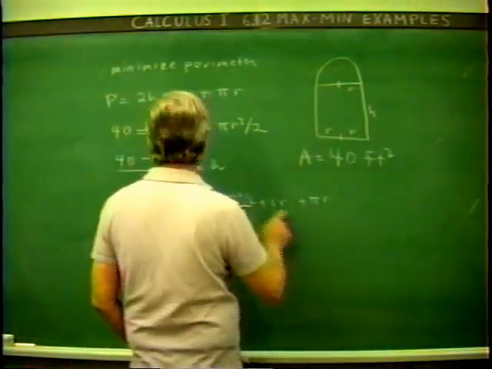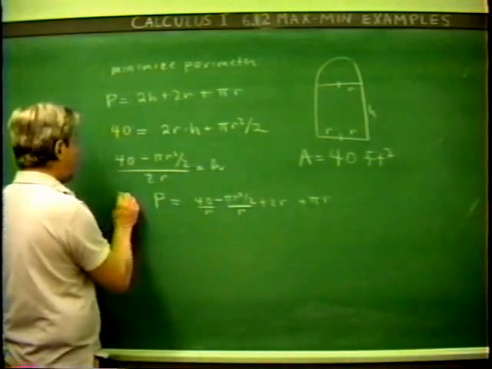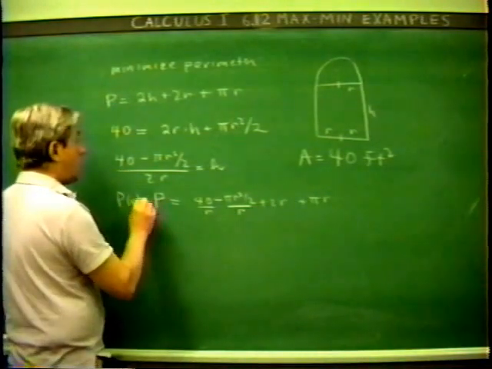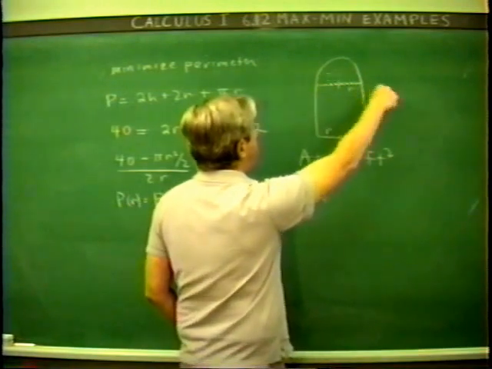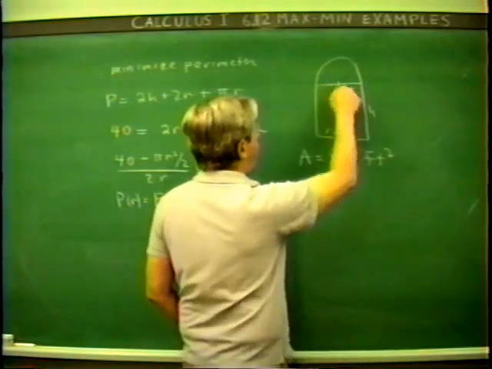Now here's a situation where, since we've solved this for H, we've got the perimeter as a function of R.